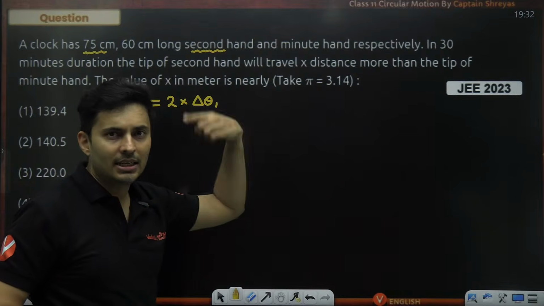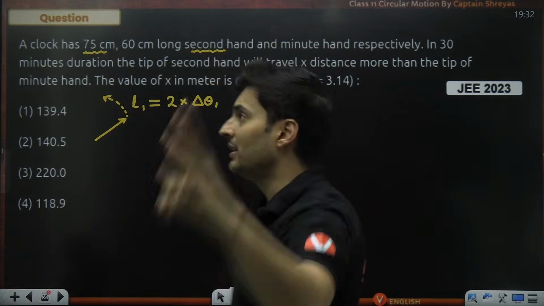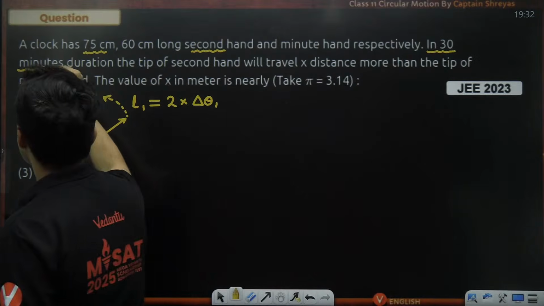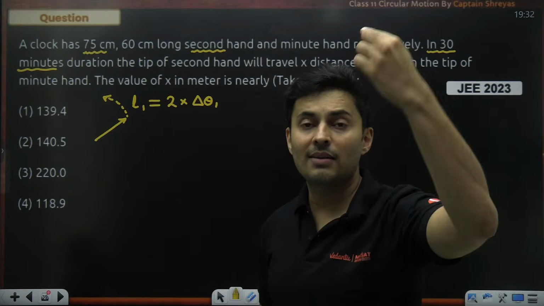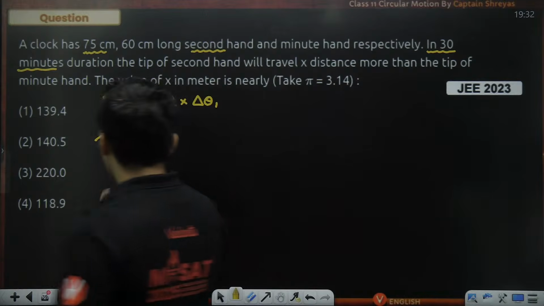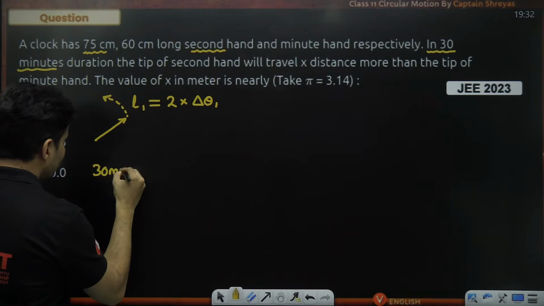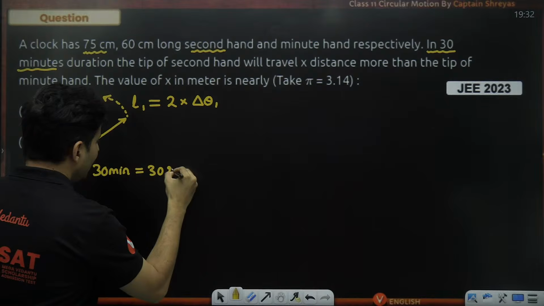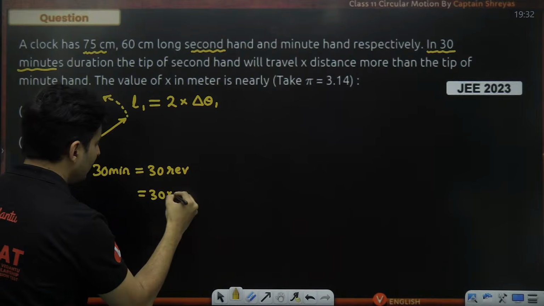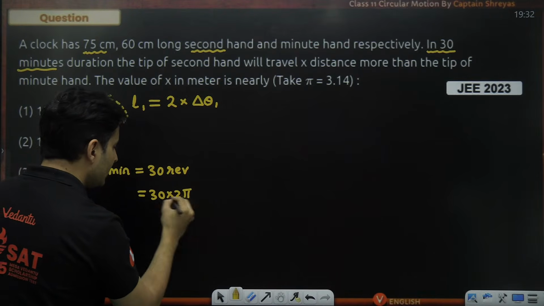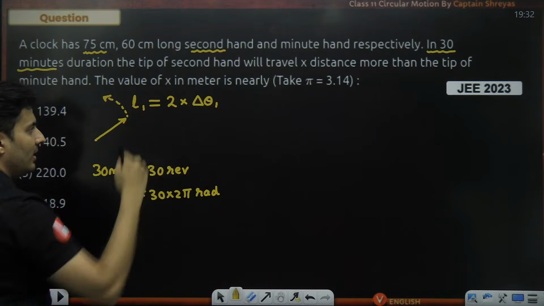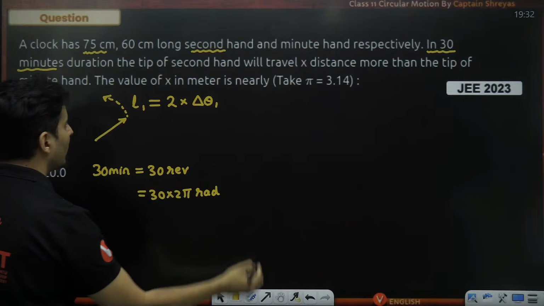In 30 minutes, every minute it covers one revolution or 2 pi radians. So in 30 minutes there will be 30 revolutions for the second hand. Each revolution is 2 pi radians. So 30 into 2 pi radians it would have covered. So I got the angular displacement.